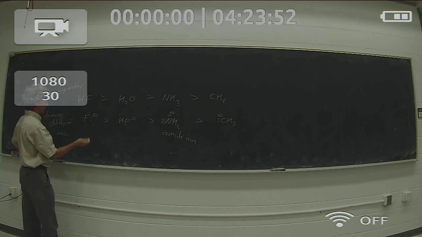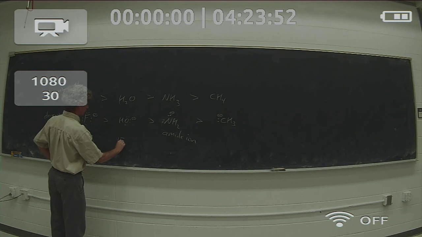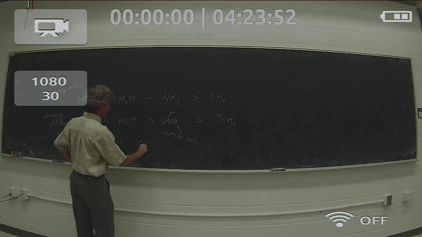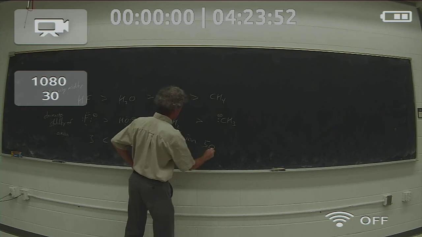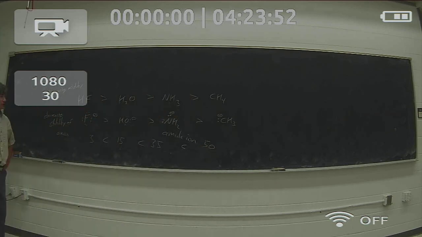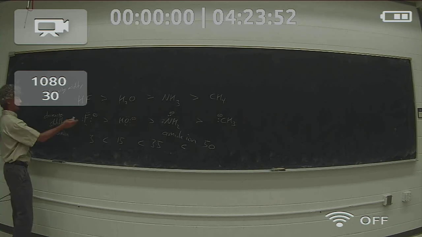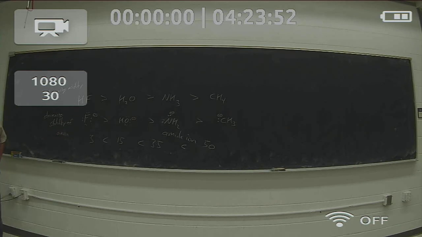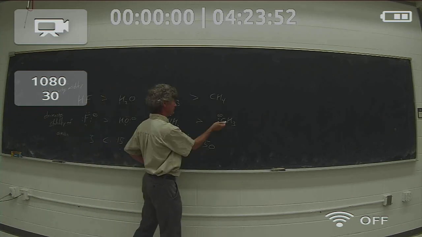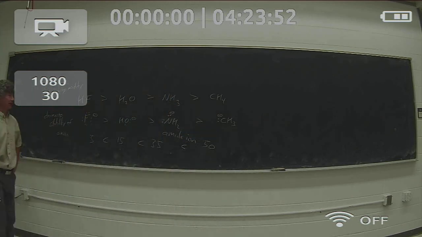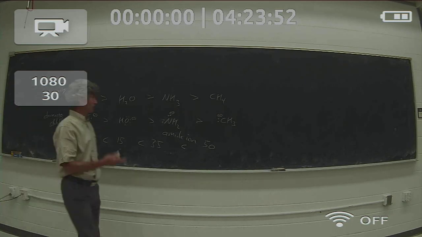The pKa of HF, as we said, is on the order of 3, the pKa of water is on the order of 15, the pKa of ammonia is on the order of 35, and the pKa of methane is on the order of 50. So those are large differences in acidity as you go from the larger nucleus holding the electrons more tightly in the fluoride ion to the smaller charged nucleus, holding the electrons less tightly in the case of carbon. And you'll see that same trend in the third row.